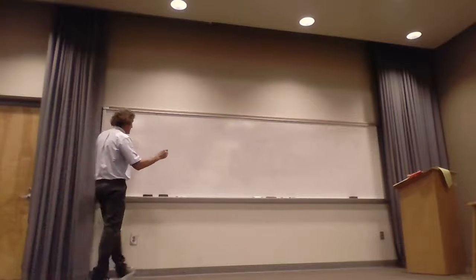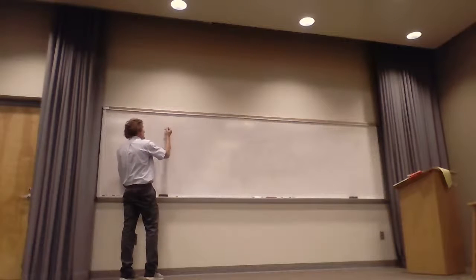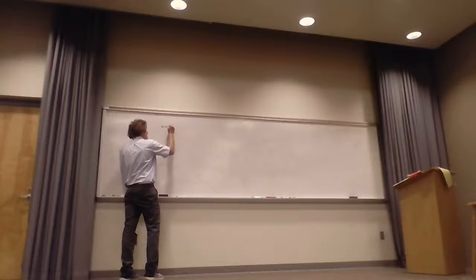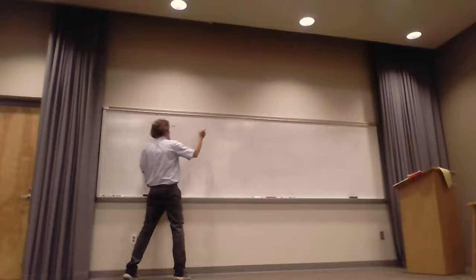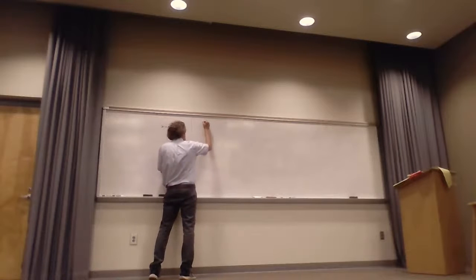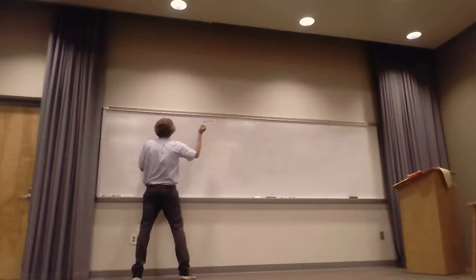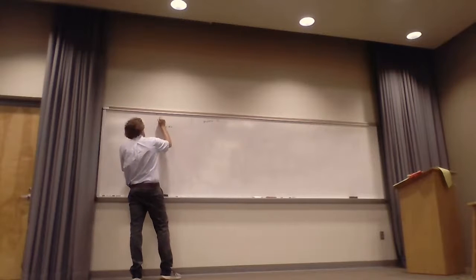Same deal here. Now what we do is we say we're going to have two media. Call this medium 1. And then here's medium 2. Now let's make them lossless for now.